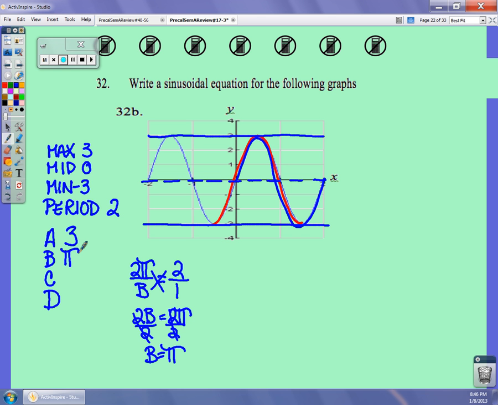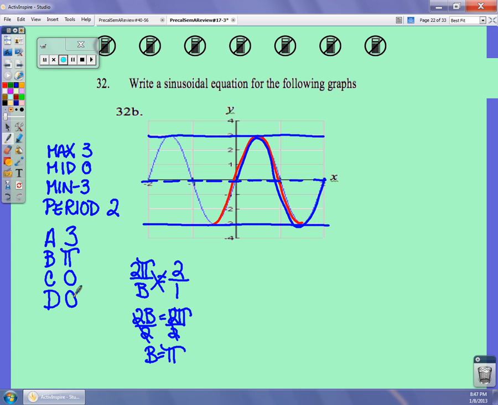Now our c value for the sine function is 0. There is no shift. And our d value is also 0. This thing has not shifted up or down.